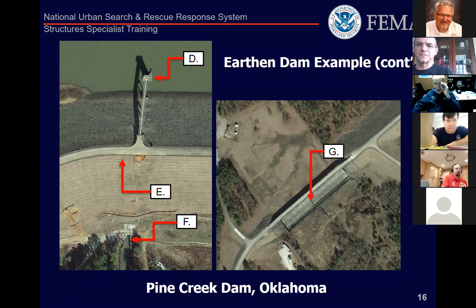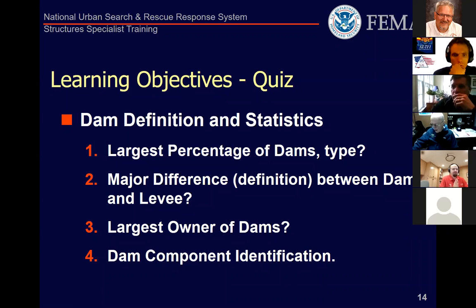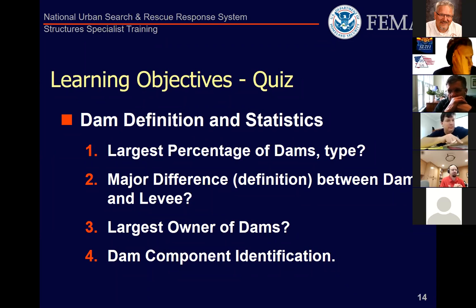Okay, so the first three questions we had were, what was the largest percentage of dams by type? Earthen. Anybody remember how many? 75,000 plus. All right, the next one is, what's the major difference between a dam and a levee? Dams hold back water versus controlling or diverting it or guiding it. Well put.